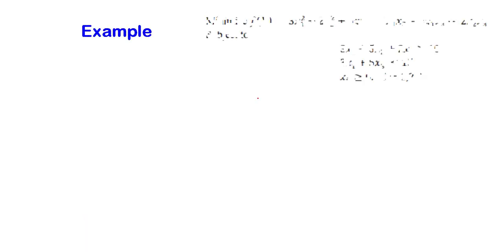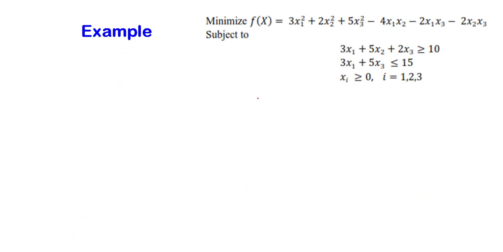Next we will go with a simple example of how we have to decode this Hessian matrix. Basically, we consider the Hessian matrix in terms of half of: x1 square, x2 square and x3 square on the diagonal, and here it is x1 x2 and x1 x3.